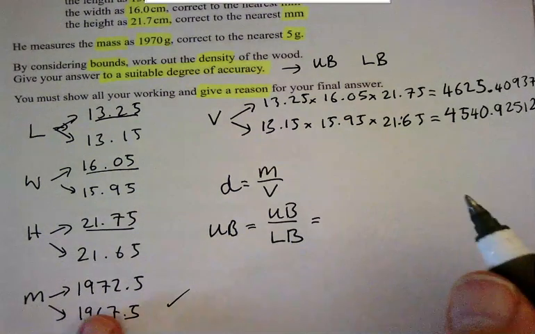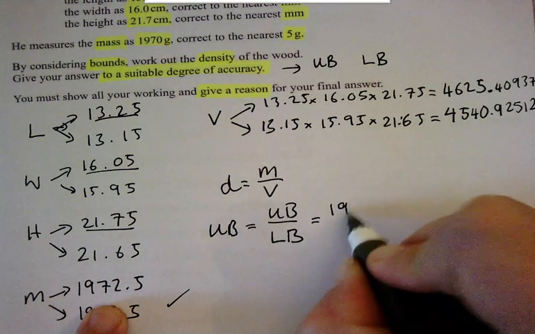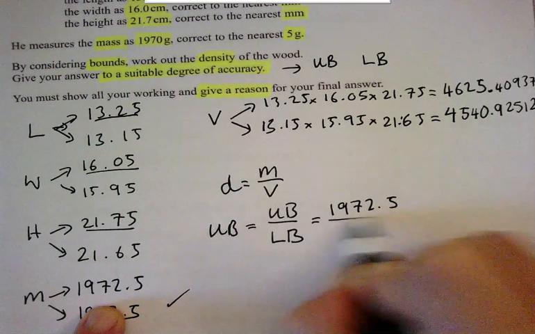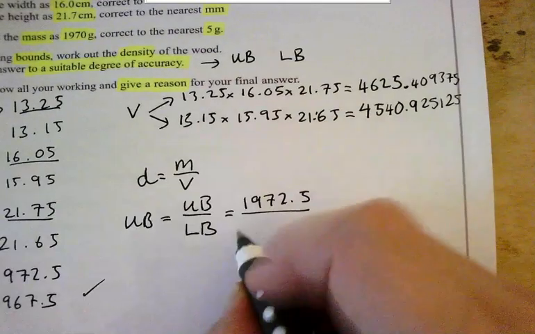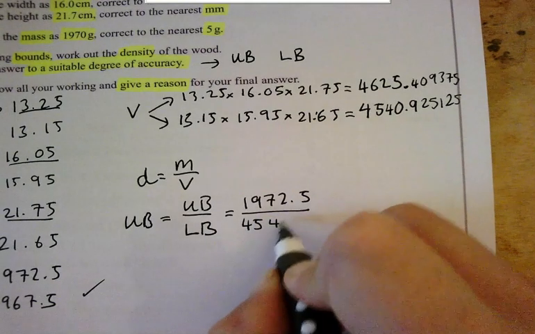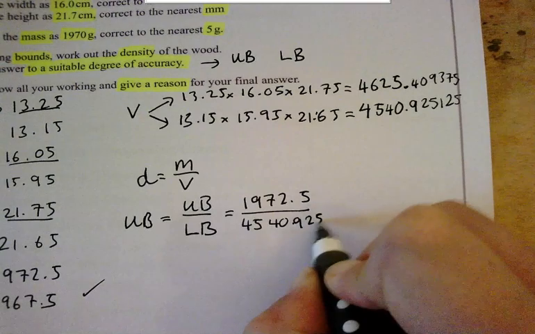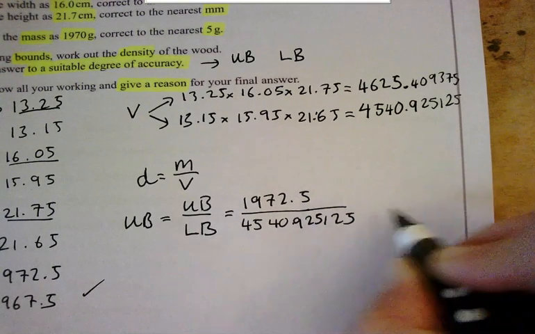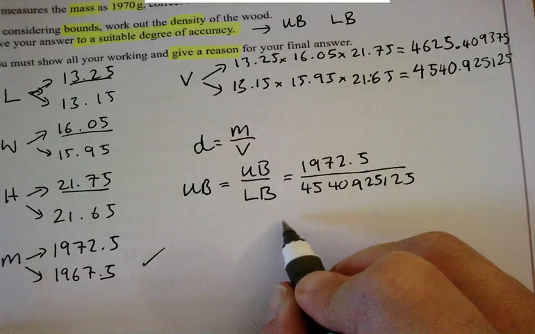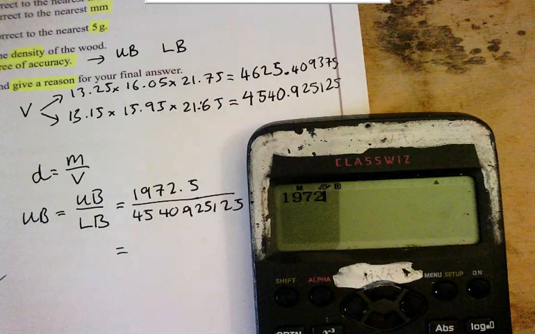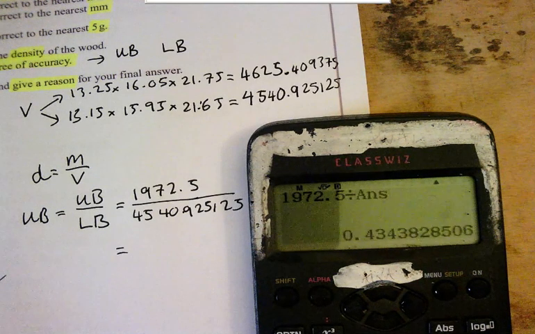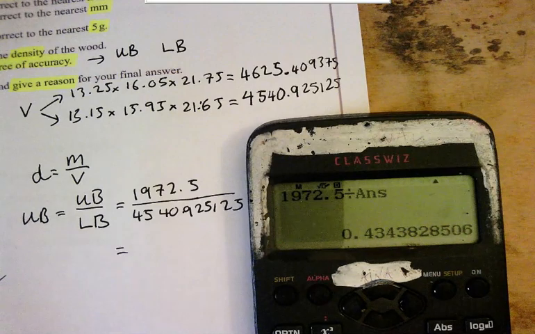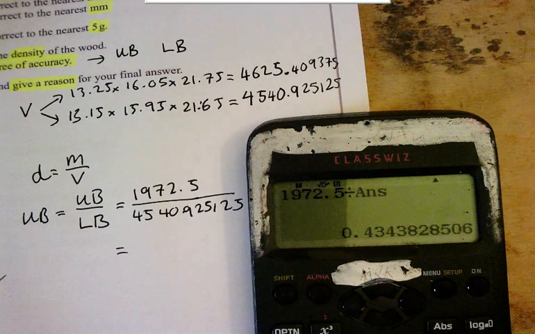So I'm going to take the upper bound for mass and divide that by the lower bound for volume, which is this one I just worked out. Which gives me 0.43438.